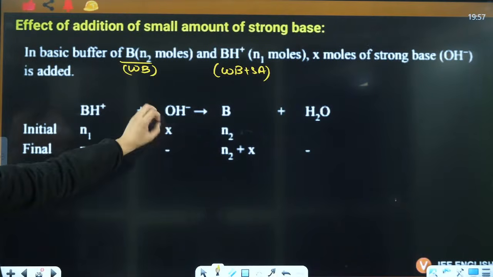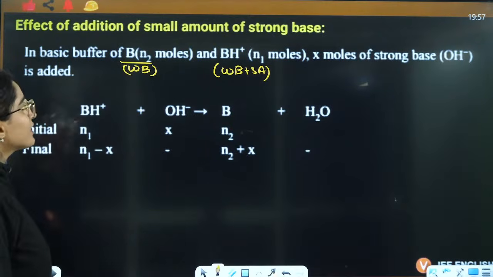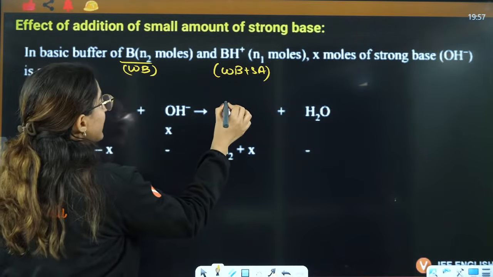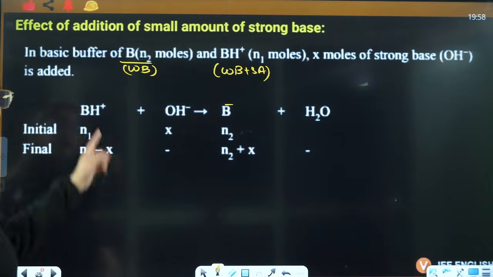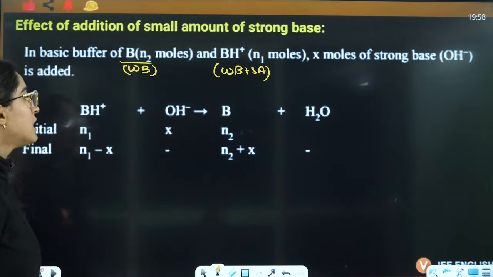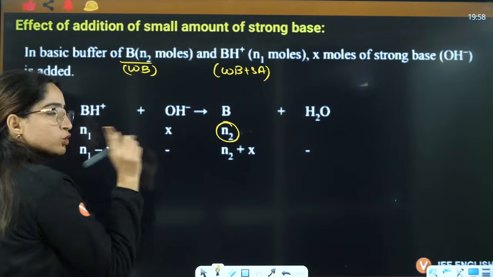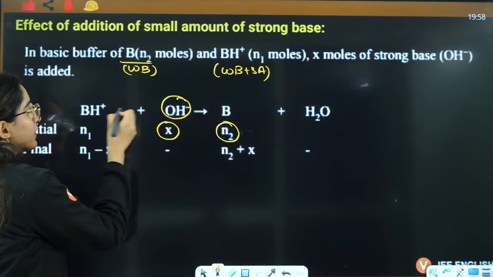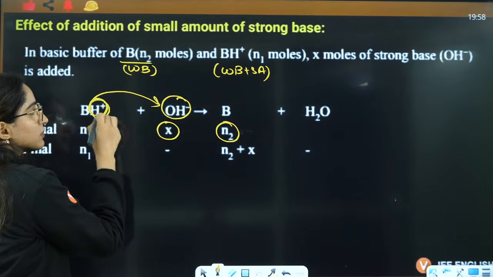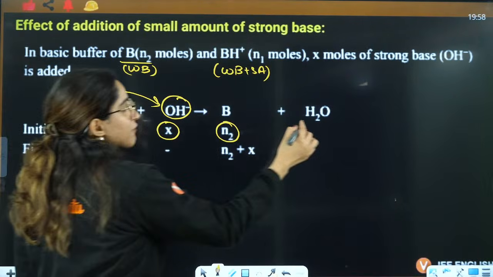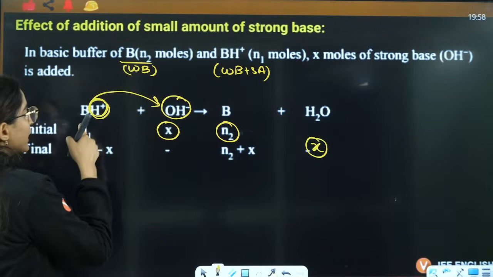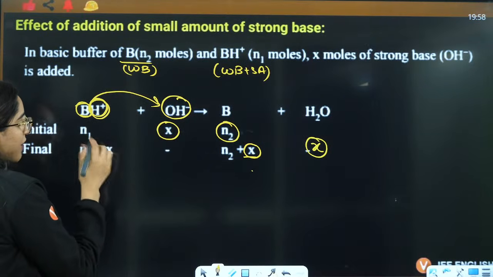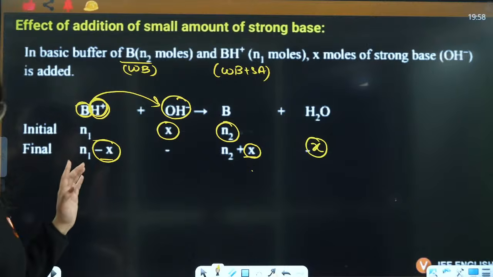Now we know that whenever you add OH negative, the salt is going to give up H positive here, and it will create B only. Initially N2 amount of B was there. If X amount of OH negative is added, then X amount of H positive will be taken by OH negative and you will have X amount of H2O, right? And you will have X amount of B that is added here, and X amount of BH positive that is reacted.